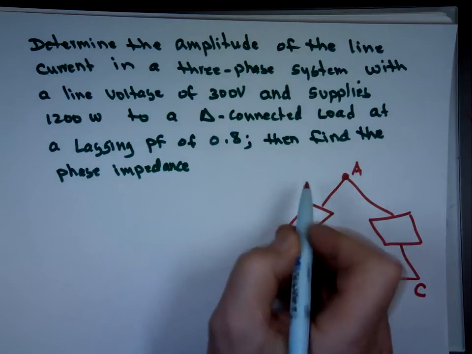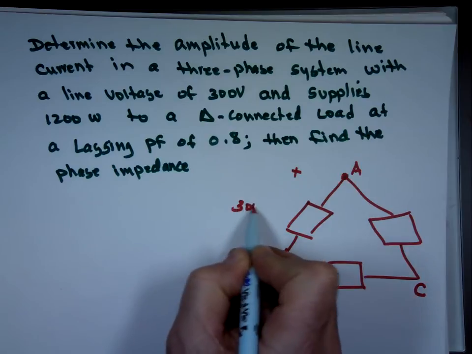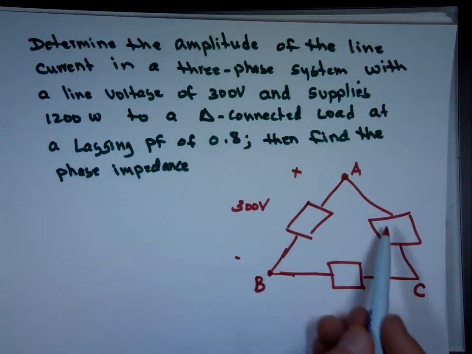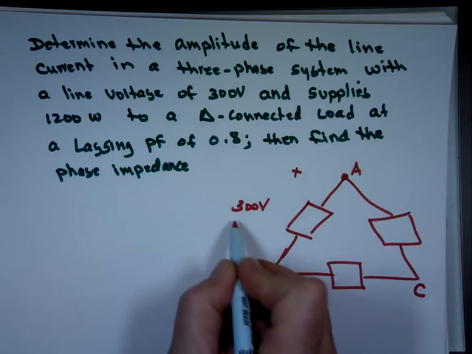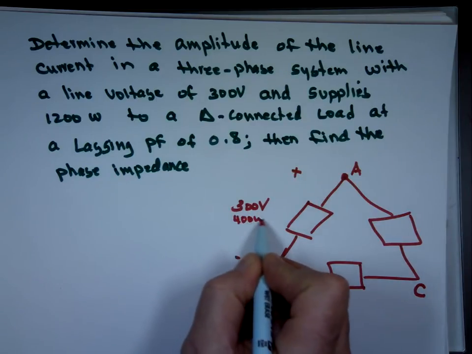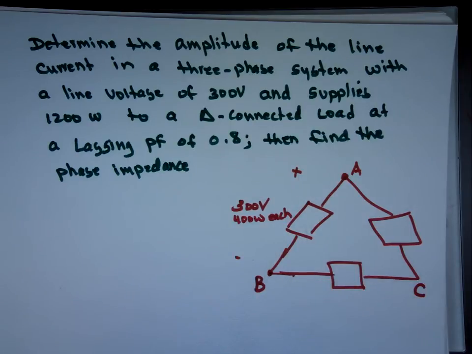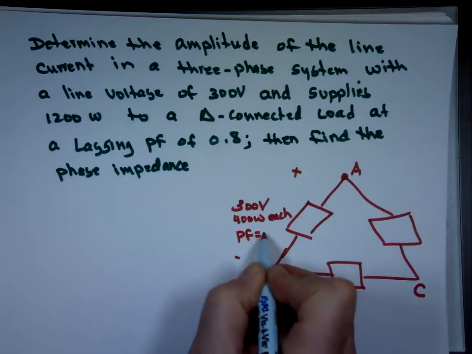The voltage here is 300 volts. The load here absorbed 1,200 watts. Each one of these is going to take how much? Each one, 400 watts each. Power factor is 0.8.